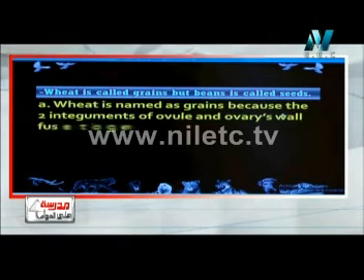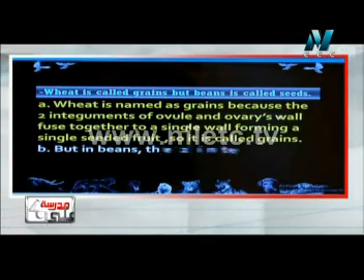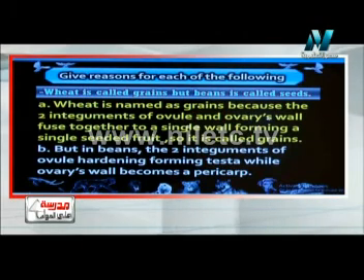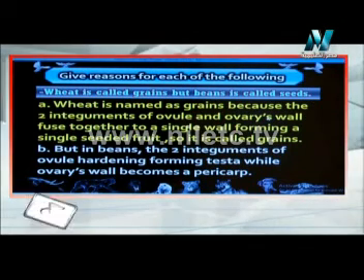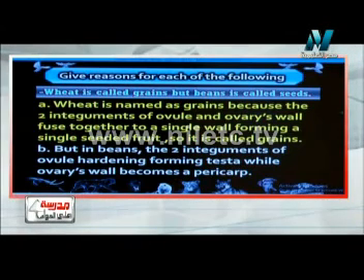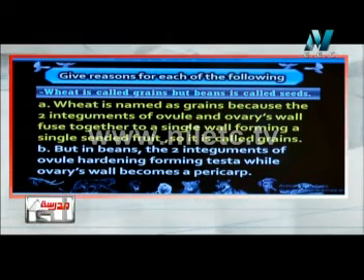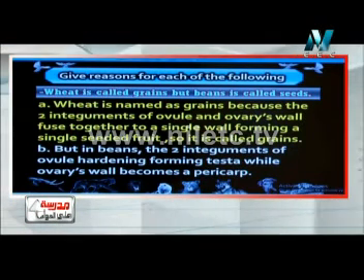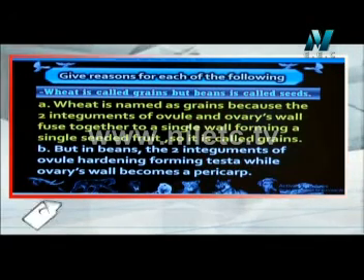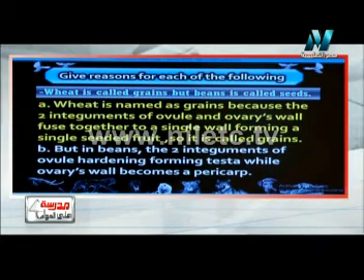Give reason for: wheat is called grain, but beans is called seeds. Wheat is a grain, but bean is a seed. We remember that in the case of grains, any type of grain, the two integuments and the ovule, the ovary wall, all of them are fused together to form a single-walled seed fruit.